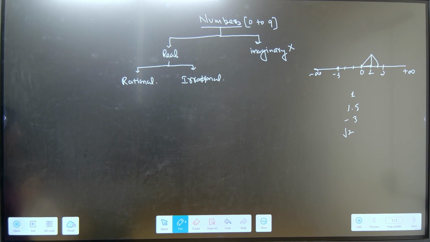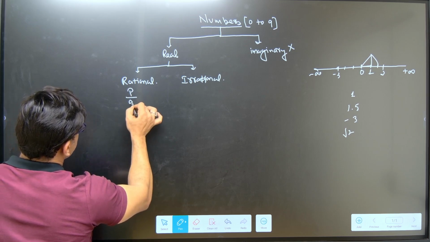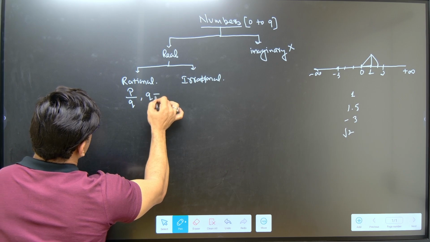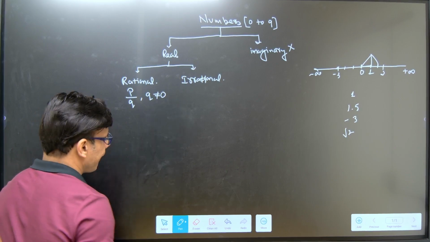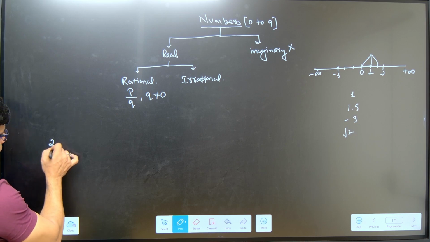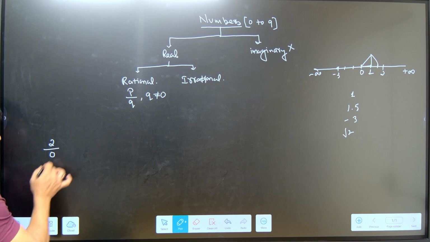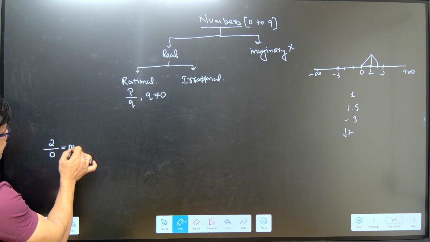Now, rational numbers are those numbers which you can write in the form of P by Q, where Q should not be equal to 0. That means whenever you write a number, your denominator should not be equal to 0. If I ask you whether 2 by 0 is some number, the answer is no, it is not defined.